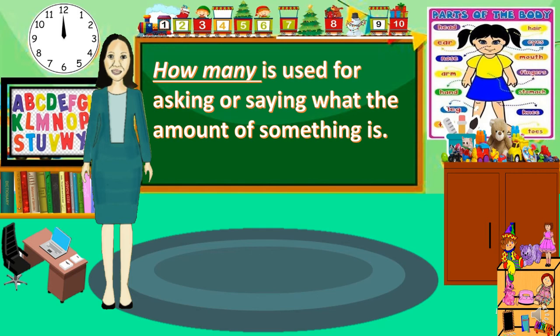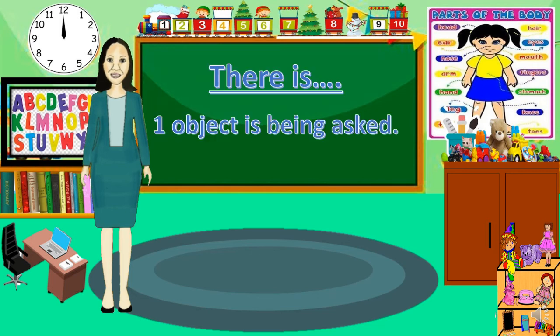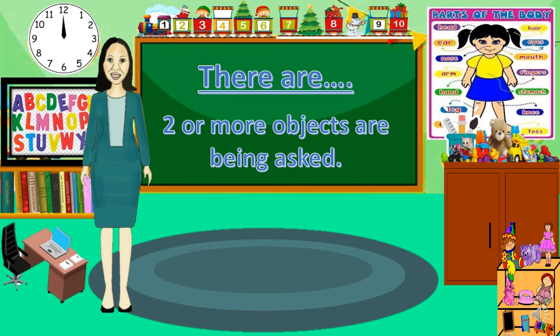And we answer there is if only one object is being asked, or one object you can see on the screen. Next, you can answer there are if 2 or more objects are being asked.